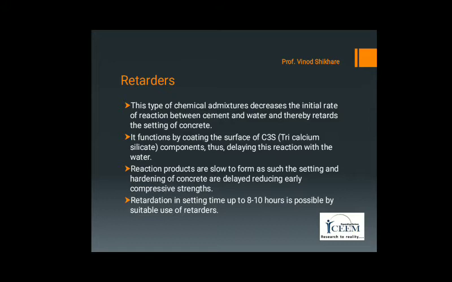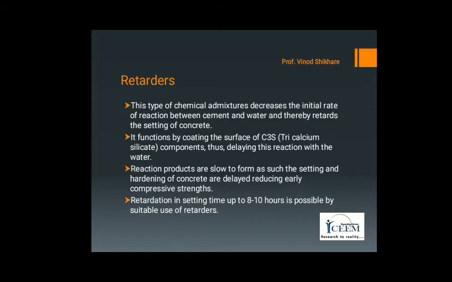In the above case, the setting of concrete will have to be retarded so that concrete, when finally placed and compacted, is in perfect plastic state.